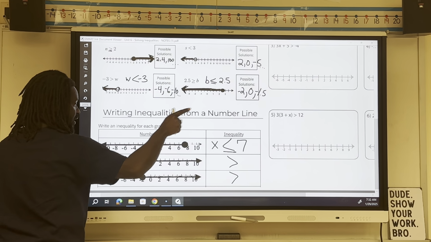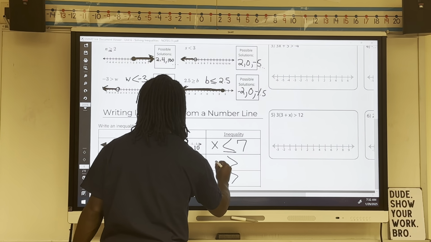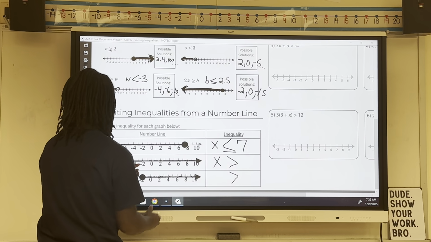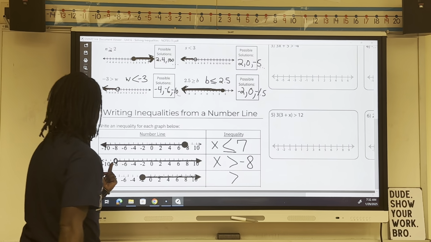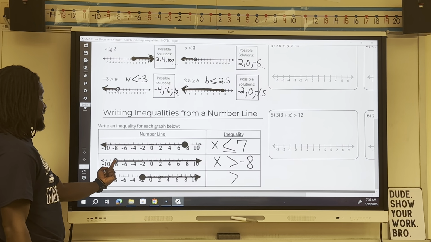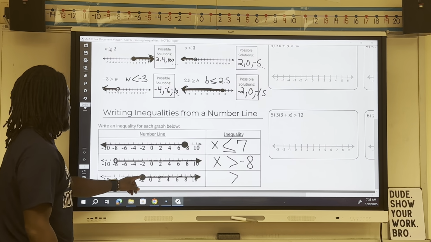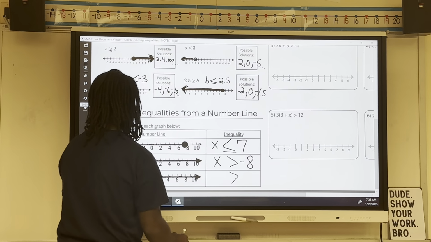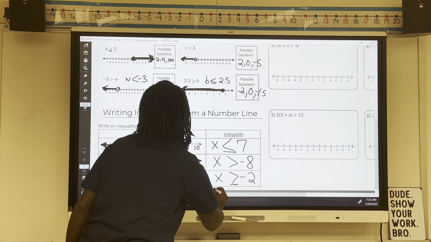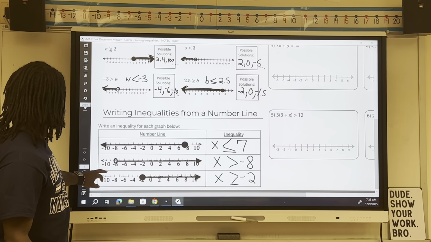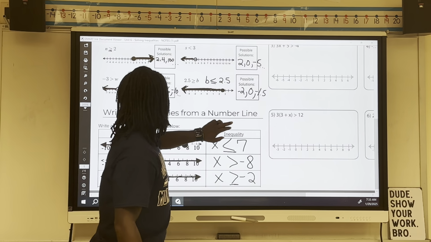Because it's shaded, the arrow's that way, all right? And I'll use X. And then is this going to be open and closed at -8? It's going to be open, right? Or sorry, it is open, so it's not going to be equal to. And then this one is shaded at -2. So it is going to be closed, or equal to rather. All right.